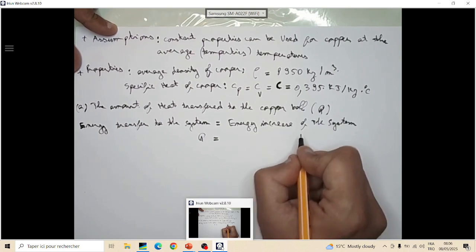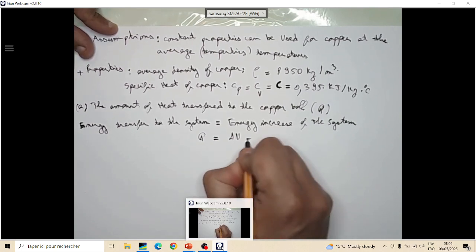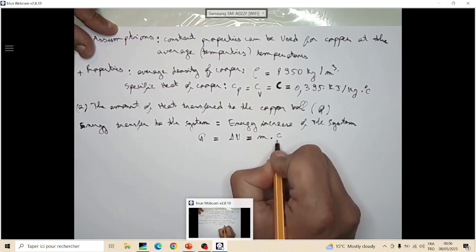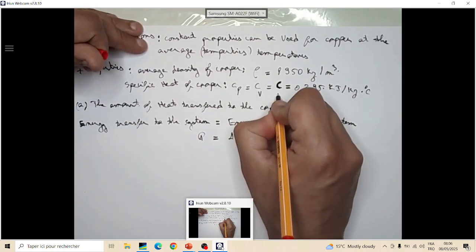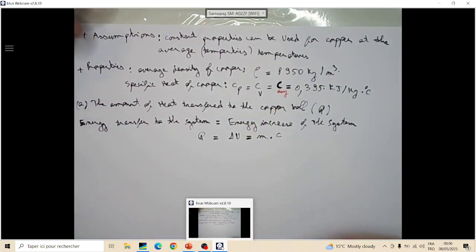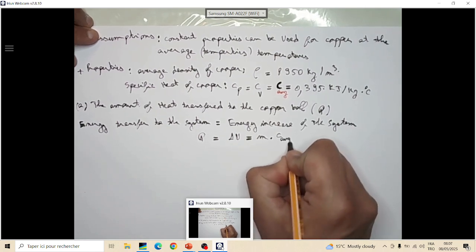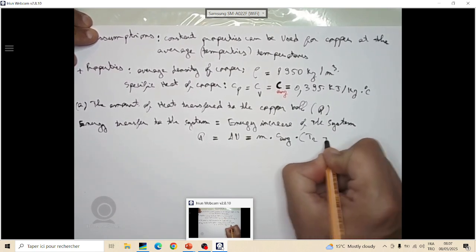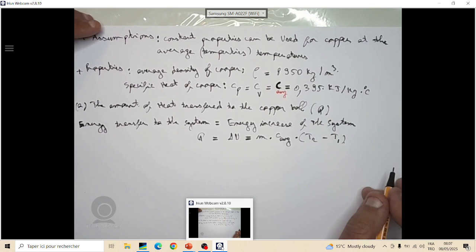So energy increase of the system is delta U, and delta U for a copper ball is equal to M, the mass of the copper ball, times C, maybe we'll call it C average, the average specific heat, times T2 minus T1, where T2 is equal to 150 degrees Celsius and T1 is equal to 100 degrees Celsius.